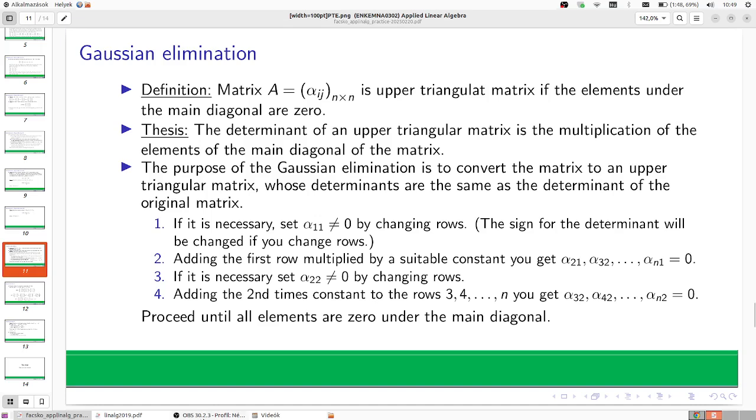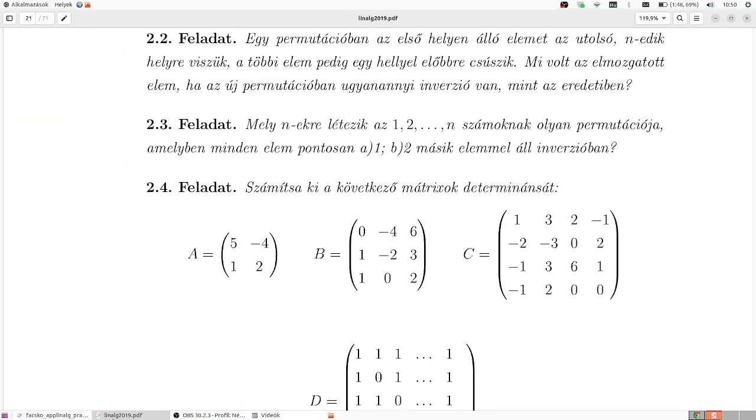Here, what is important is the elimination. Okay, the next one. Haha, that's interesting. C, yes.